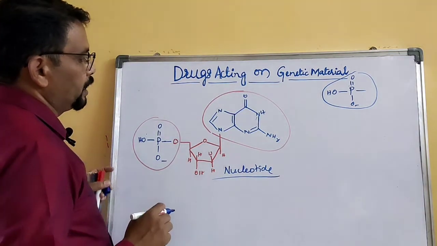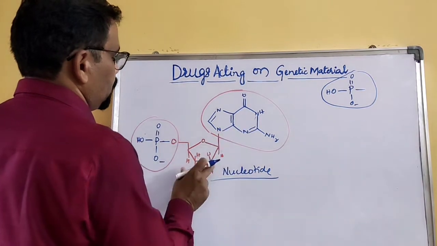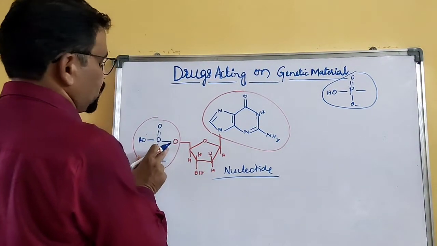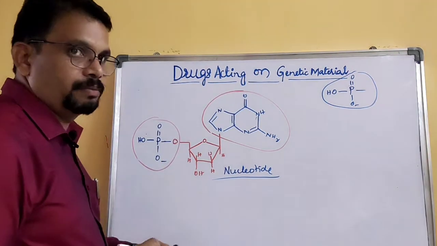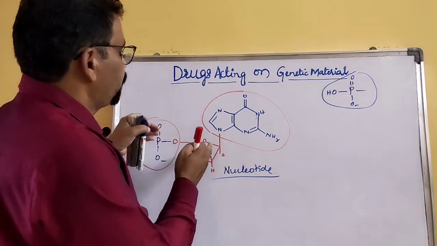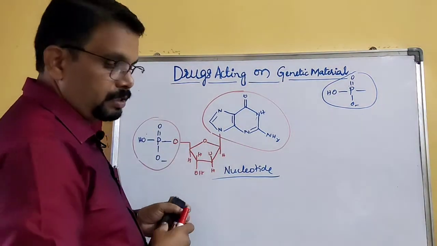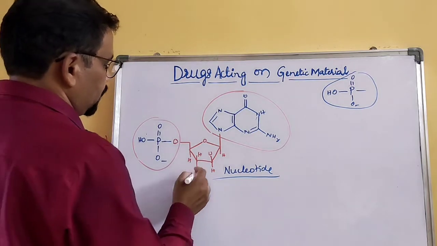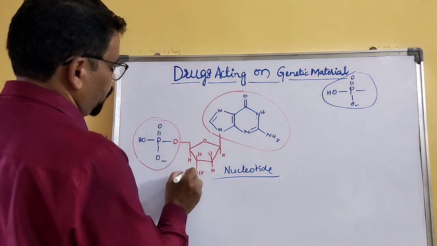In a nucleotide we have a base, deoxyribose sugar, and the phosphate. Three of them together are called a nucleotide. Like this, it forms bonds with other moieties, and this is the 3' position.